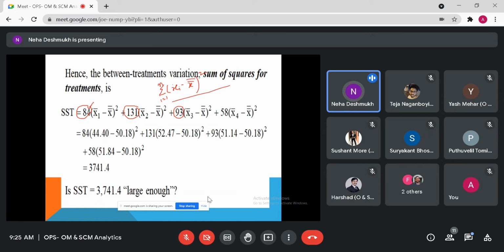This 84 is the total number of observations available in x1, right? This is the total number of observations available in x2. We have four categories, x1, x2, x3, x4. Agree with me or not?